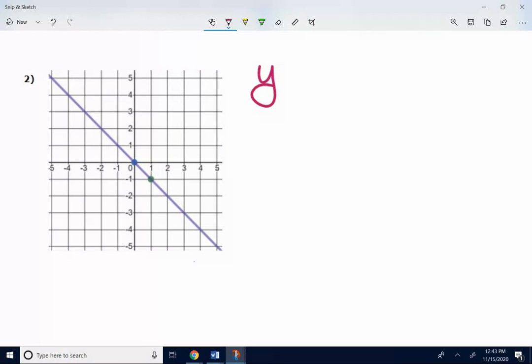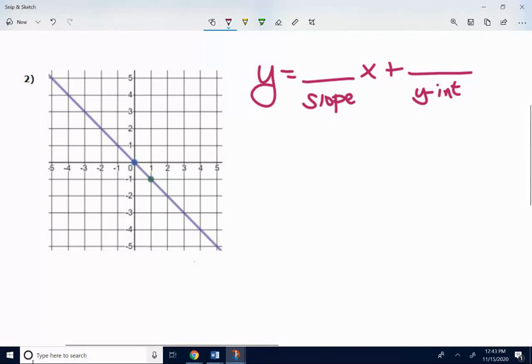I like to think of it this way. Y equals something x plus something. Okay, that first something is the slope. That second something is the y-intercept. Okay, the slope first. Okay, find 2 points on your graph, and these are indicated on this assignment.